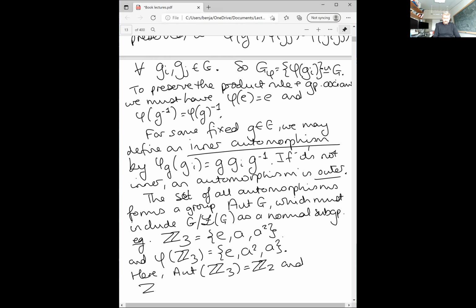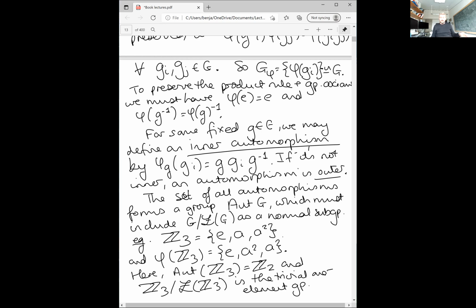And Z3 divided by its center is the trivial one element group given by the identity.